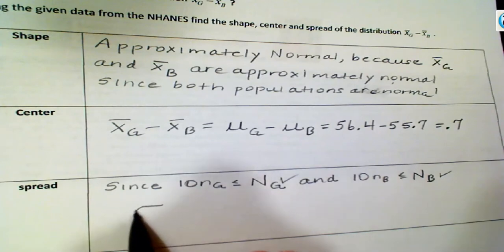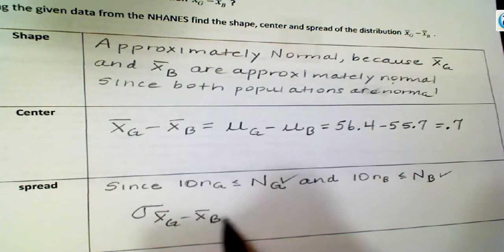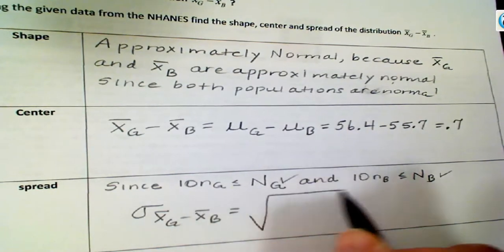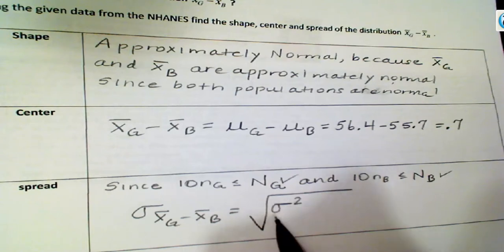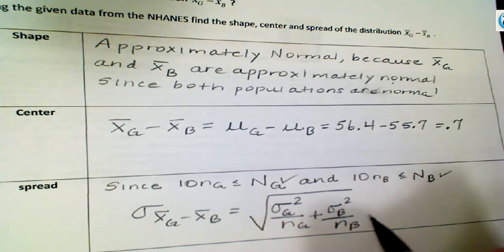So the way we find the standard deviation for the mean difference is, if you look at the formula, you take the standard deviation of the girls, square it, divide by the number of girls, then the standard deviation of the boys, square it, divide by the number of boys.